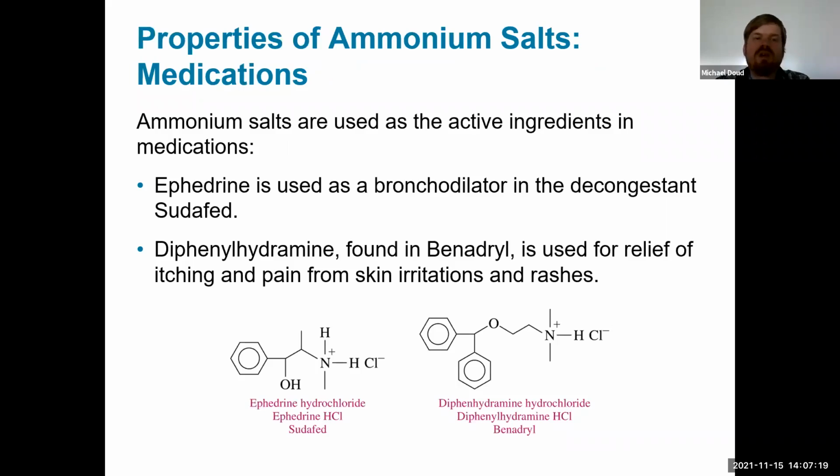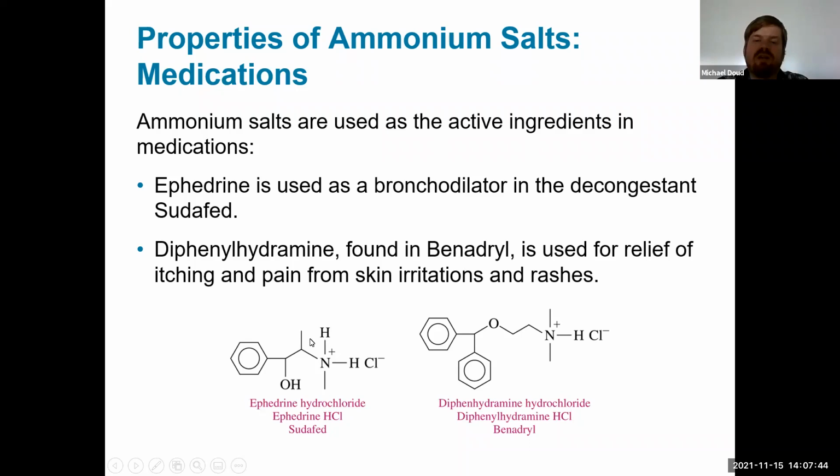So let's look at some examples of ammonium salt medications. So we have ephedrine, for example. This is a bronchodilator. So it expands your lungs, I want to say, and the whole air passage. And it's used in Sudafed, which is a decongestant. And then diphenhydramine is found in Benadryl, and that's this here.